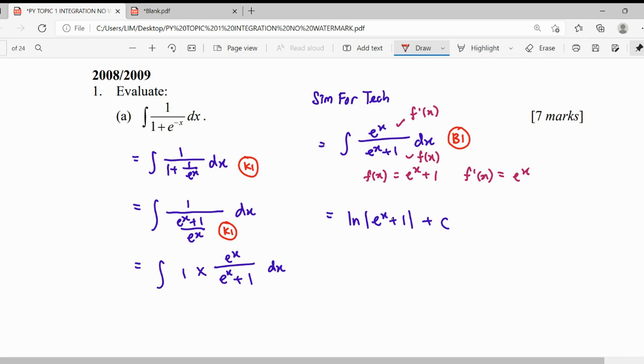When we use the formula, indicate your f(x) clearly, then what your differentiation function is, clearly. This shows that this is our formula question. So we get the answer of ln, and if everything is correct, we get one more mark for this. So this will be our question using the formula.